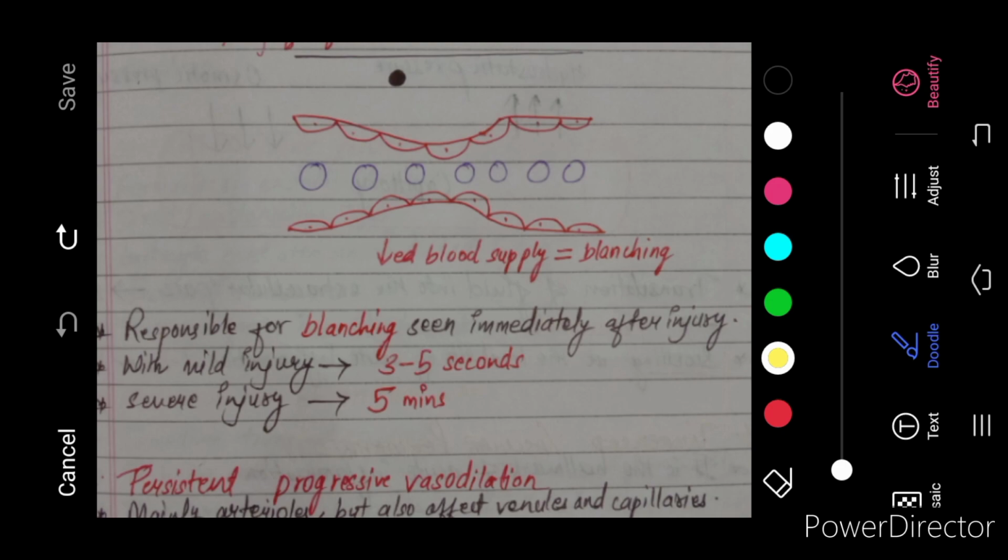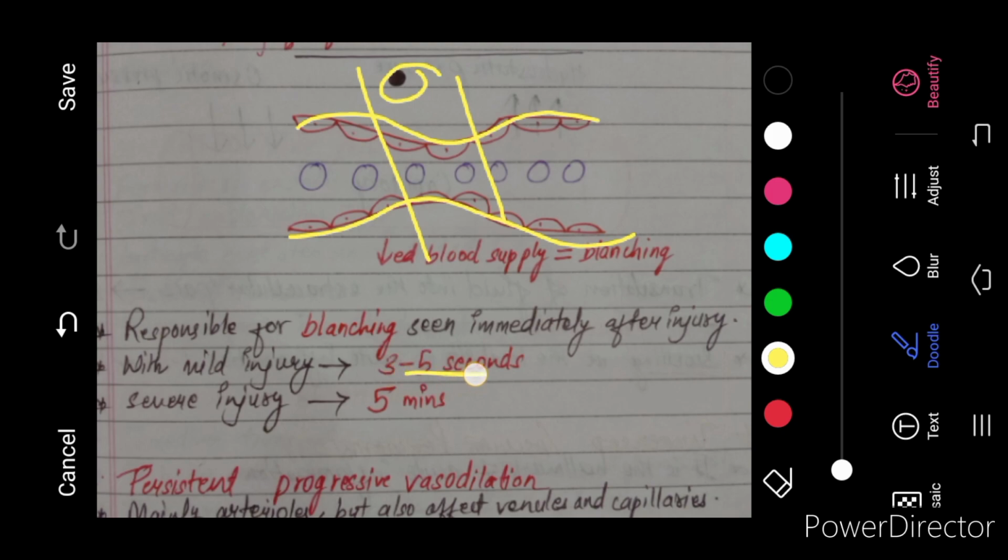So now let's proceed with the first vascular event. As soon as the microbe enters the body, there will be focal vasoconstriction of the blood vessel, as you can see here. This part of the blood vessel has undergone vasoconstriction. It is known as focal vasoconstriction because it only lasts for a few seconds.